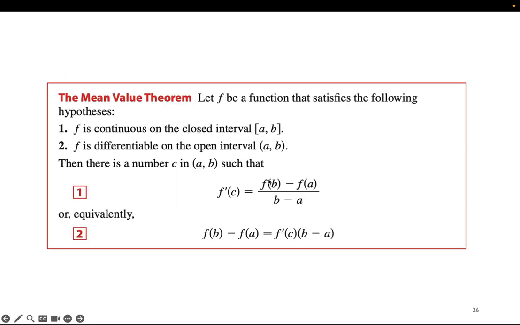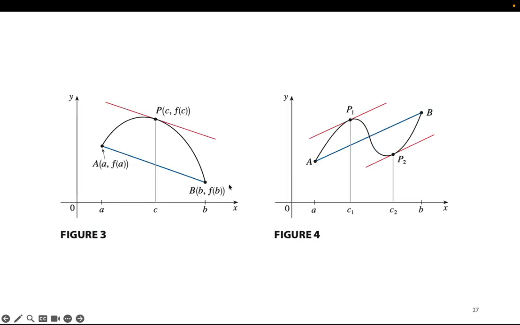So the left hand side says that there has to be a place where the instantaneous slope, remember, if this is position, the instantaneous slope is the velocity at that point. So this mean value theorem guarantees that there has to be a place somewhere where your velocity is equal to the average velocity.